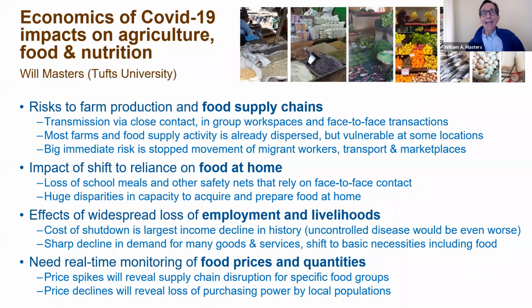And so that income decline is the big shock facing all food production, food service sectors all around the world. There's this global shift to turning to basic necessities, and some of that is panic buying and stocking up unnecessarily. That's very temporary.